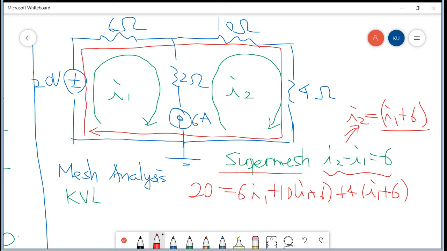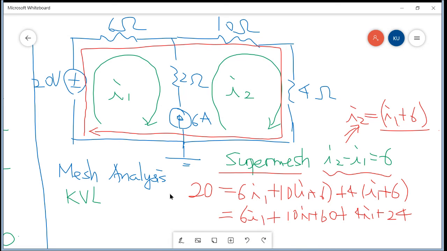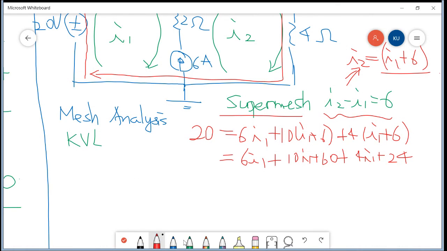Okay, so we just do some simple algebra. So we have 10I1 plus 60 plus 4I1 plus 24. So we have 4, 6, 10, so 20I1.